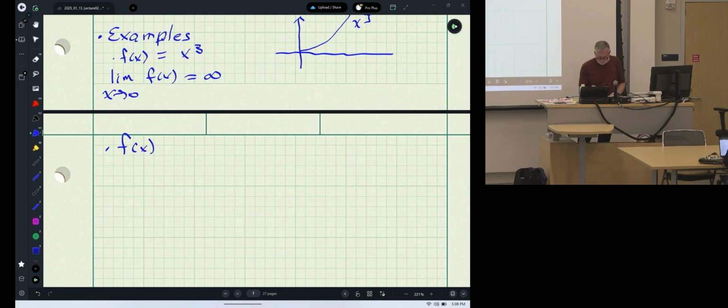Let me do something a little bit different. So what if I take x times sine of x?